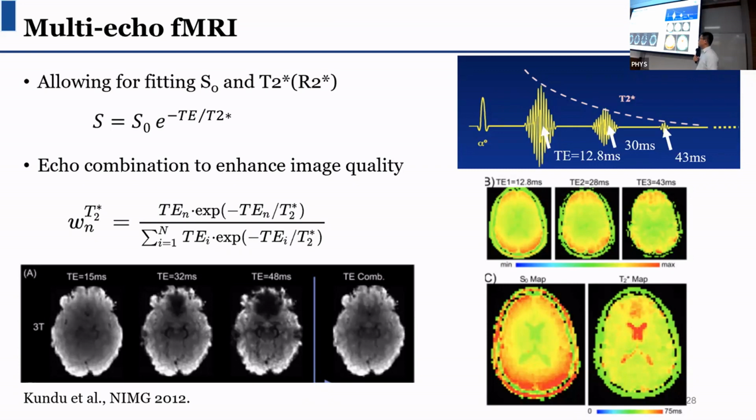Then you can do a weighted calculation in this very simple way. You can combine all the echoes together and get a combined image like this one. Then you fill up this hole, where you cannot see any reliable signal with the single TE imaging method. This is one benefit of our multi-echo technique.